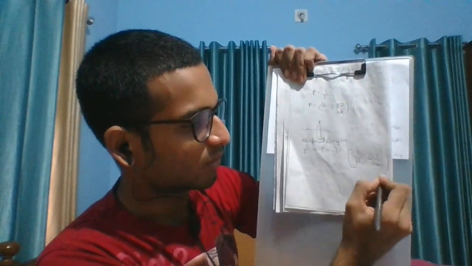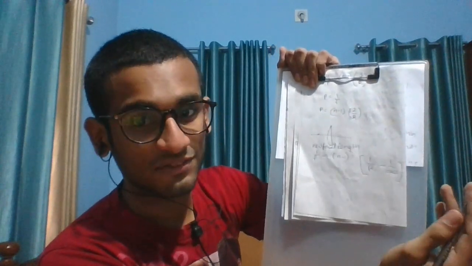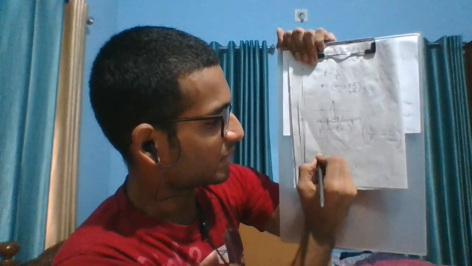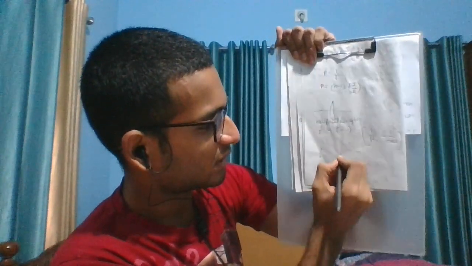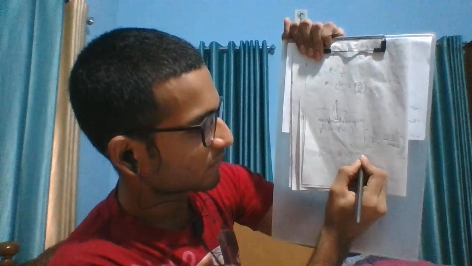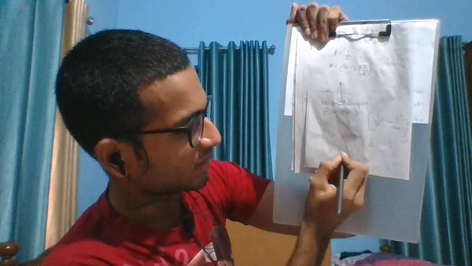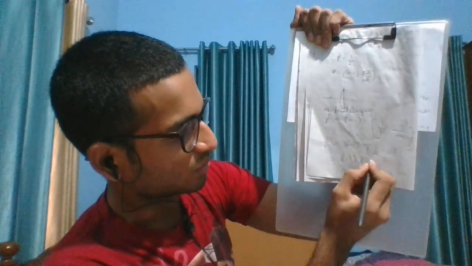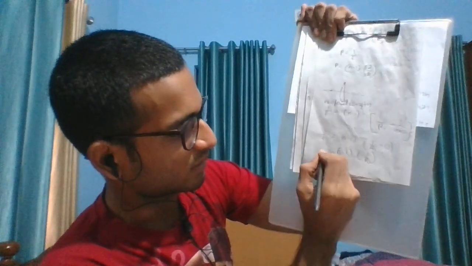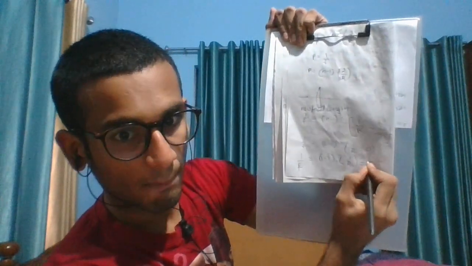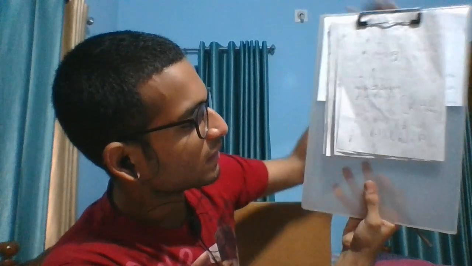So 1 by infinity equals 0. That means 1 by f equals n minus 1, into 1 by r1 minus 0, which means n minus 1 into 1 by r1. That's 1 by f, which is also equal to p. So this is the new power.